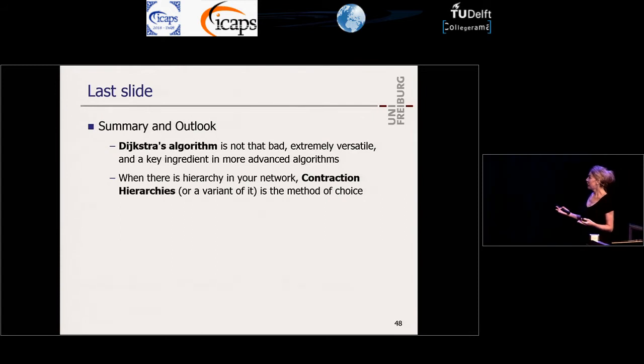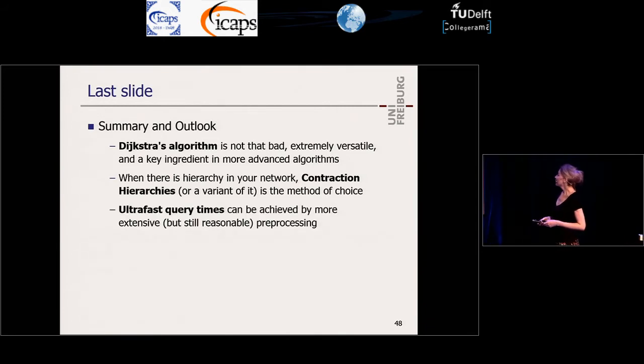When there is hierarchy, go for contraction hierarchies. It's the best method, or something involving contraction is just a great technique. If you want ultra-fast query times, you can do it: microseconds. You have to invest in the pre-processing, but it's often worth it.